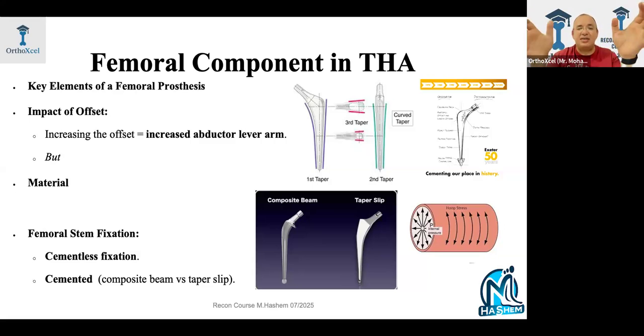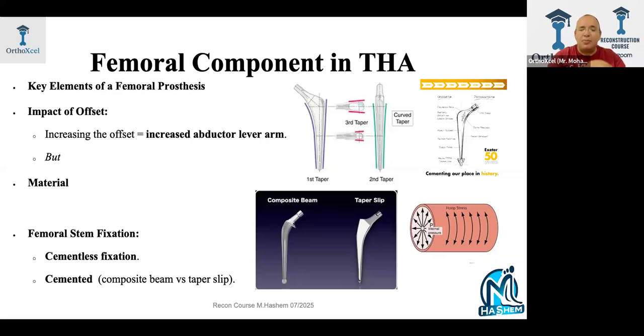So when Charnley started the idea of total hip replacement, he thought about taper slip. He made his stems with a single taper, meaning it is broader proximally than distally in the coronal plane. And when he put the cement in, because of the tapering, the stem will slip, or subside in a controlled way, inside the cement. So it's more fitting, applying hoop stresses on the inside of the cylinder, which is the bone, and this gives it more stability.